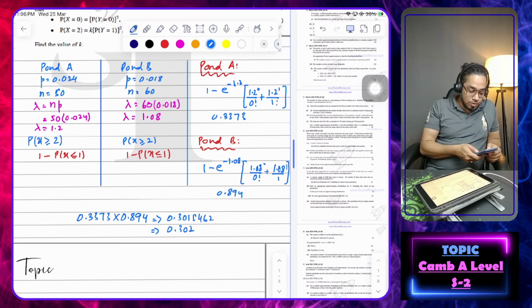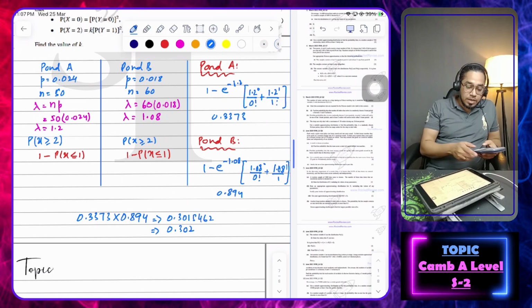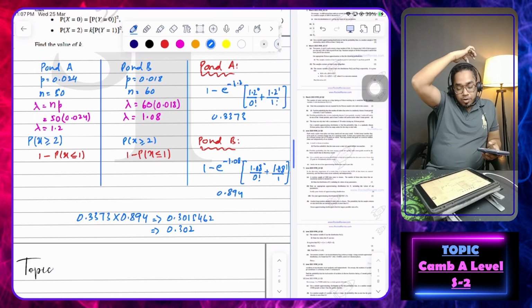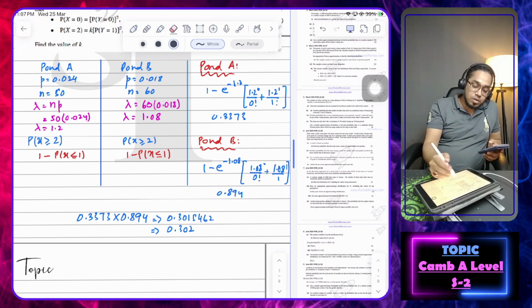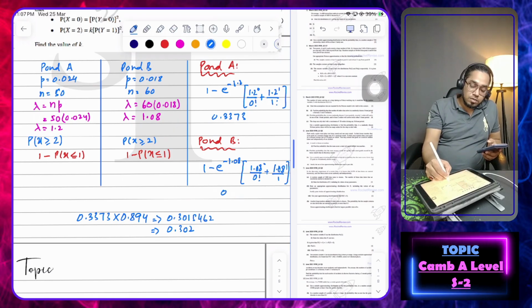I thought that you were solving. That was 0.018 times 60, which is 1.08. Okay. Yeah, this was around 0.7064.